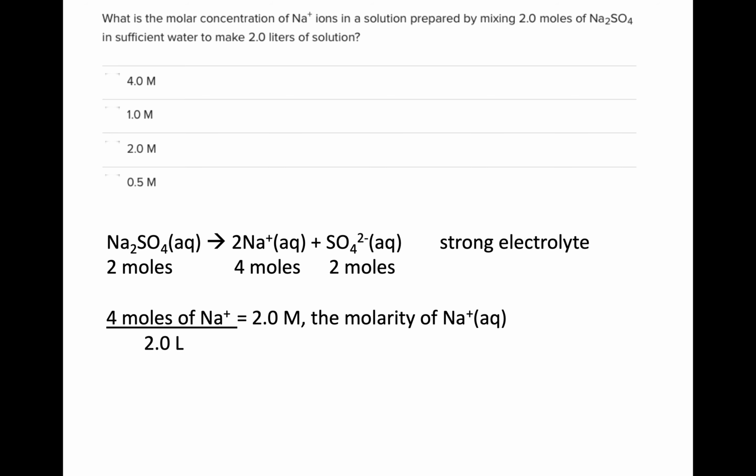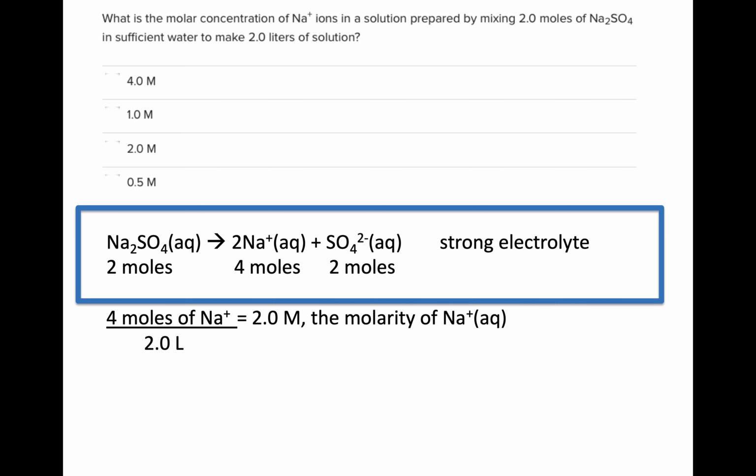If I start out with 2 moles of the sodium sulfate, it'll give me 4 moles of sodium ions and 2 moles of the sulfate. This is asking about the concentration for the sodium ions. Here would be my calculation for the molarity. The key step in this, where students would make the mistake, is jumping past accounting for the manner in which the strong electrolyte dissociates.